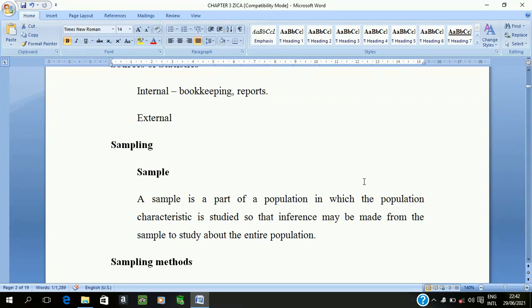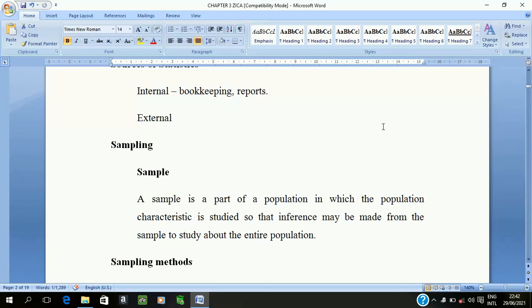The reason why we pick samples is that we examine them so that the results we get will at least give us an idea of what to expect from the entire population. Why use samples? Because it's easier to deal with and analyze a sample than the entire population. Secondly, it's cheaper to analyze a sample than the entire population.